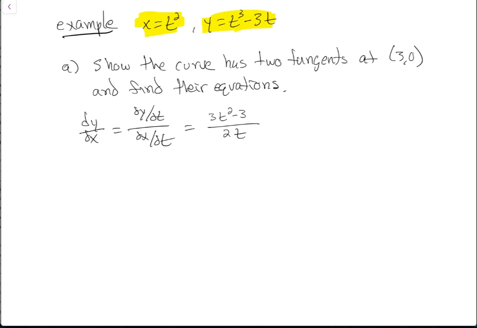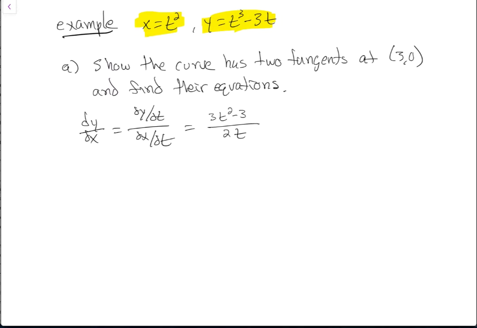So our dy/dx is in terms of the parameter t. And remember, we discussed that what we don't want to do is have to solve for y as a function of x. So in the parametric form, our derivative will always be in terms of t here.